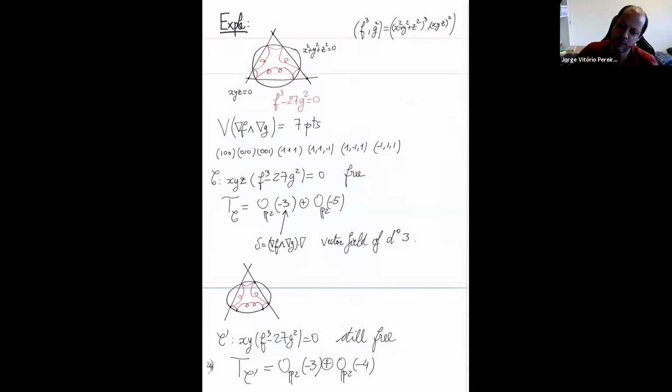Well, let me ask the opposite question. Do we have explicit examples of free divisors that are not subdivisors of any other free divisor? I think that's the general situation, right?